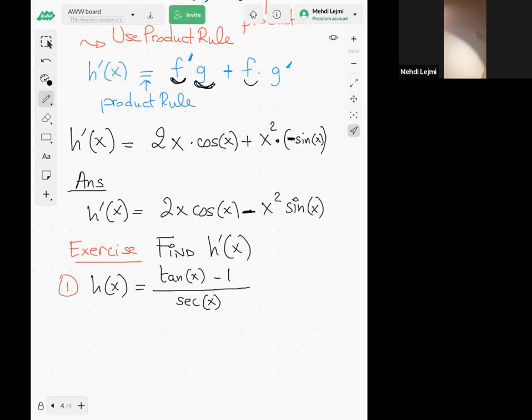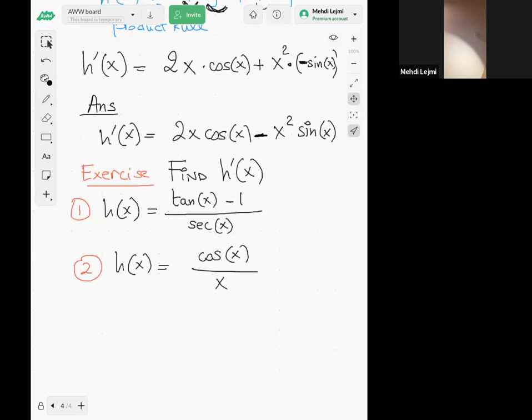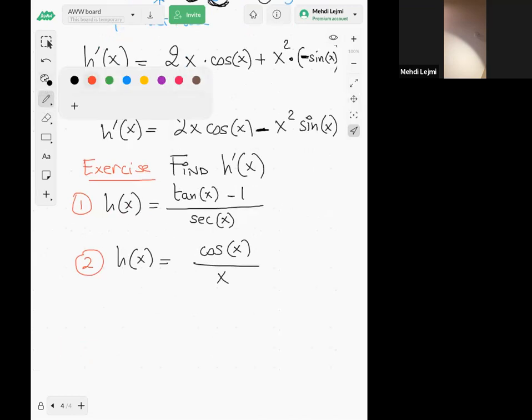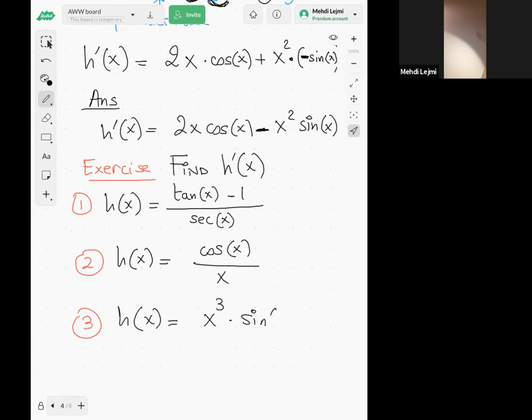Number 2, h of x is equal to cosine of x over x. Number 3, h of x is equal to x cubed times sine of x.